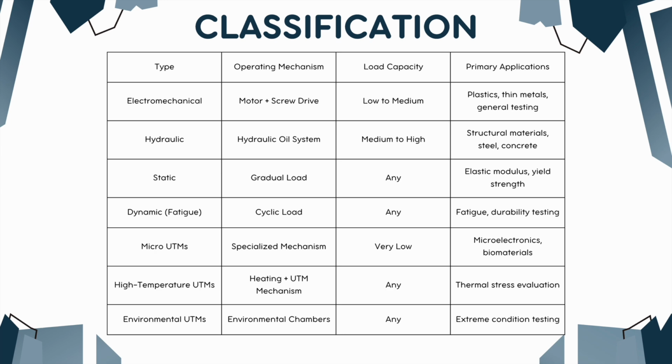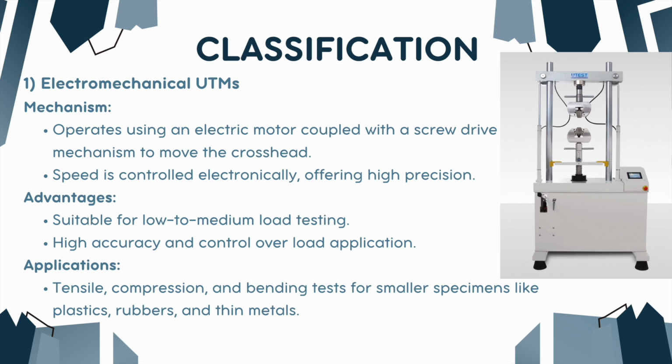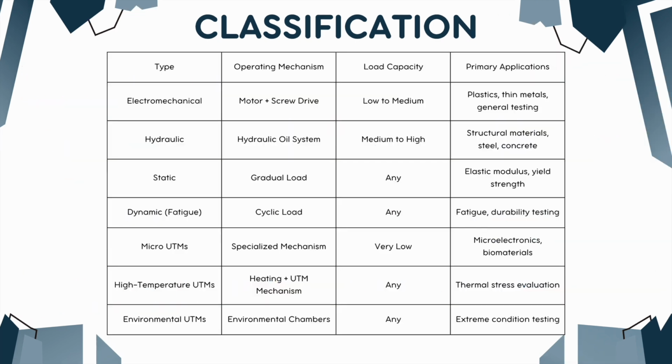I have discussed only electromechanical and hydraulic UTMs, and this is the general classification. If you consider, it is also based on static and dynamic, micro UTMs, high temperature UTMs, and environmental UTMs. This is the operating mechanism in each of the UTMs, and these are very user specific.